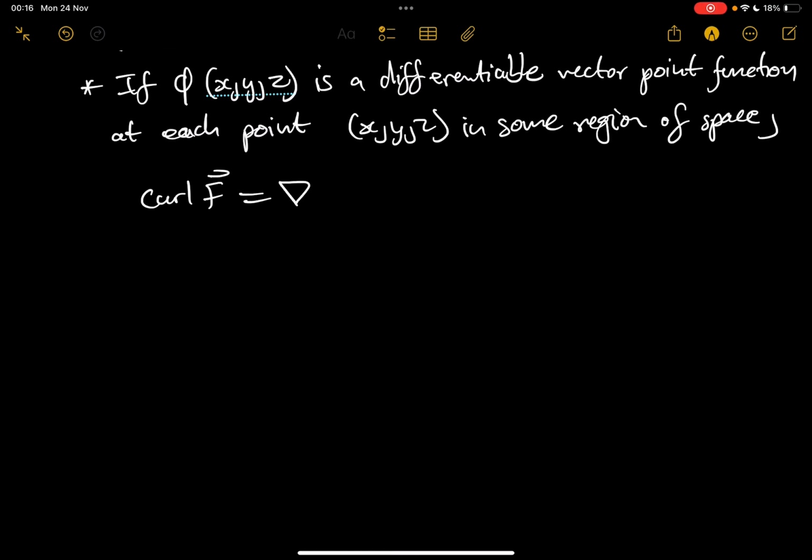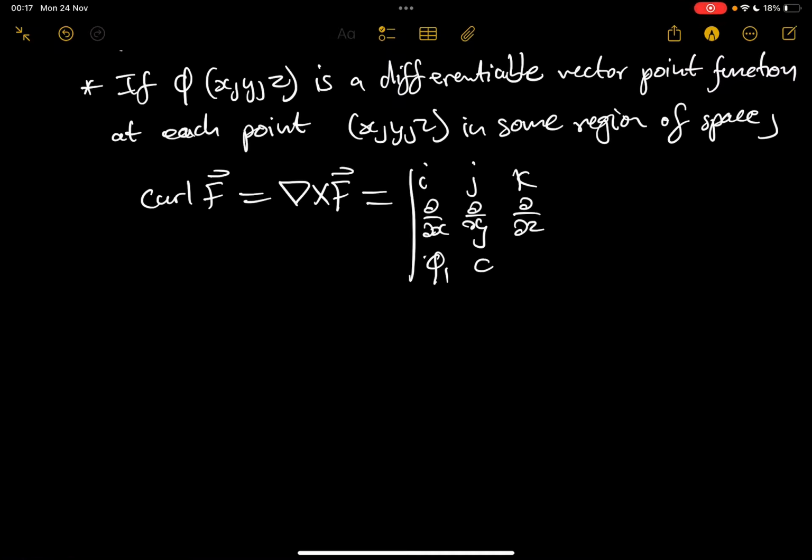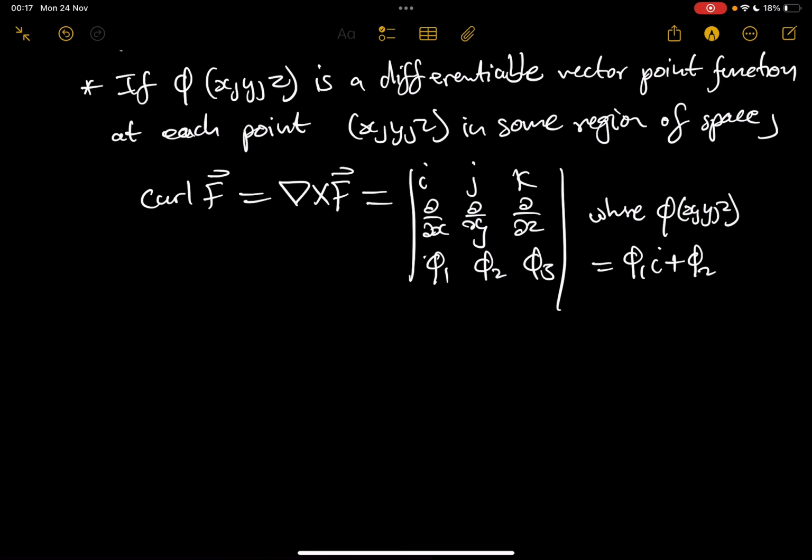or we represent it using the cross product, is going to be the determinant with rows i, j, k; del x, del y, del z; phi 1, phi 2, phi 3, where obviously phi of x, y, z is equal to phi 1 i plus phi 2 j plus phi 3 k.